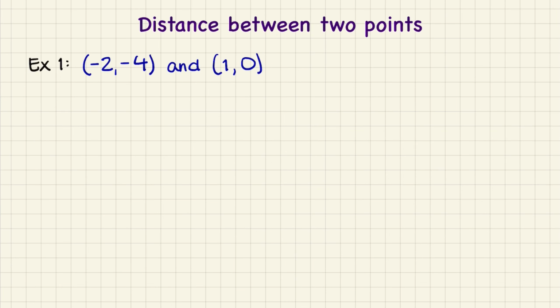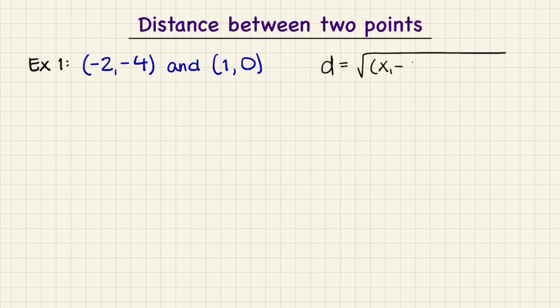Here we're looking for the distance between these 2 points. To find the distance, we need to use the distance formula, which is d equals the square root of x1 minus x2 squared plus y1 minus y2 squared.